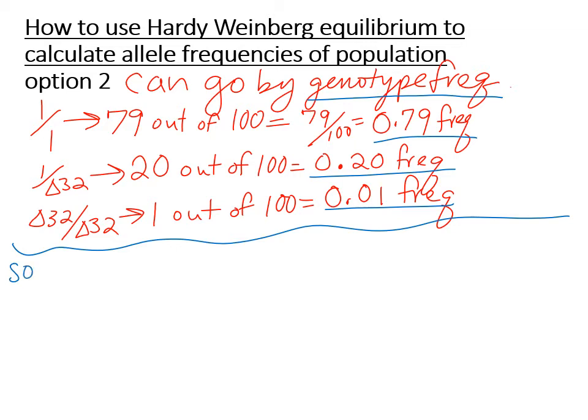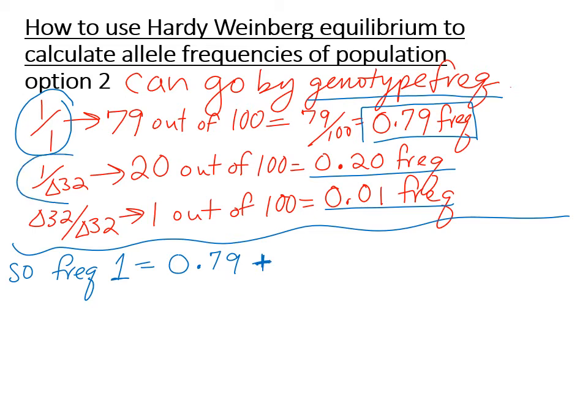So based on that, the frequency of allele 1 is, where do you find allele 1? Right here in the first genotype, 0.79 frequency. Allele 1 represents that whole genotype, right? It's 1, 1, which means there's no other allele there, so that entire 0.79 represents allele number 1. Then, where's the next genotype that you see allele number 1?